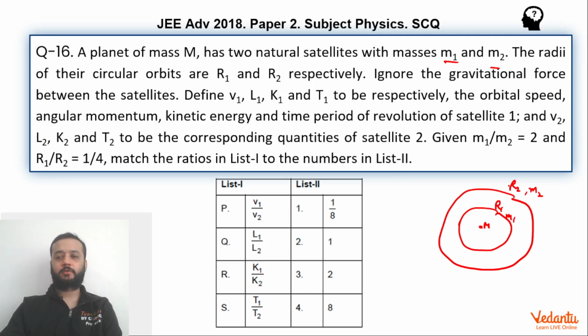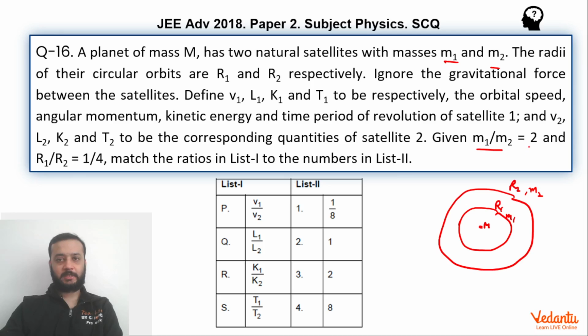Ideally they should have mentioned it. Similarly, corresponding quantities for m2 are v2, l2, k2, t2. That means v2 is the orbital velocity of m2, l2 is the angular momentum of m2 about center, k2 is the kinetic energy of m2, and t2 is the time period of revolution about the center.